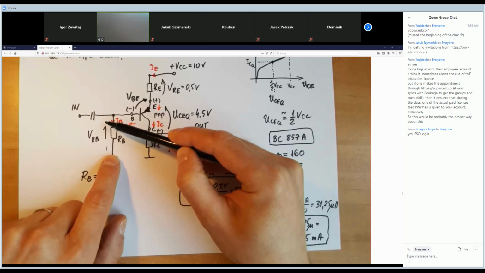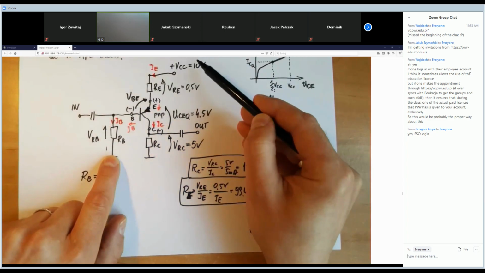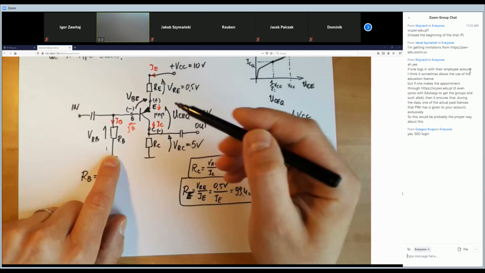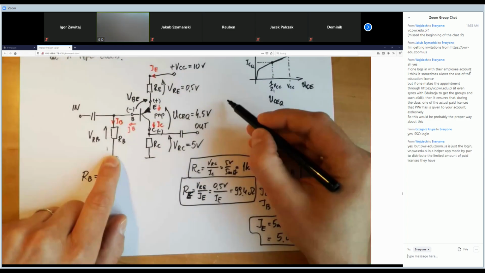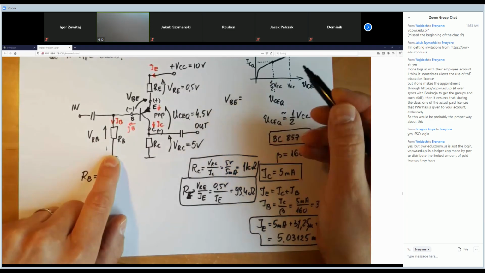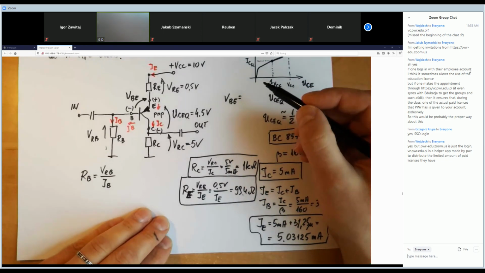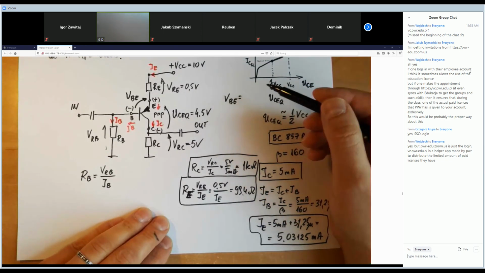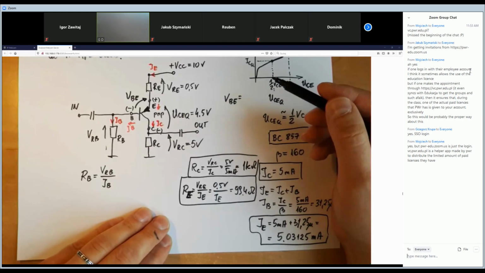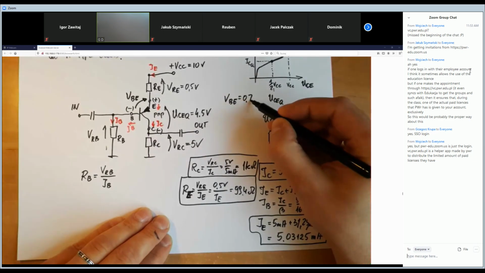These three voltage drops should equal VCC. What is the VBE voltage drop for a silicon transistor? As I said, it is from 0.6 to 0.7 volts. We can choose 0.7, for example.